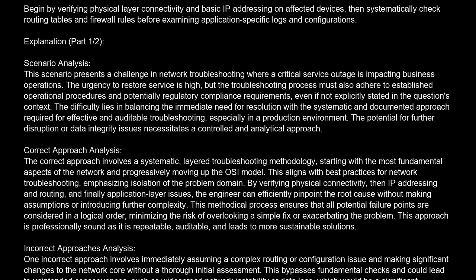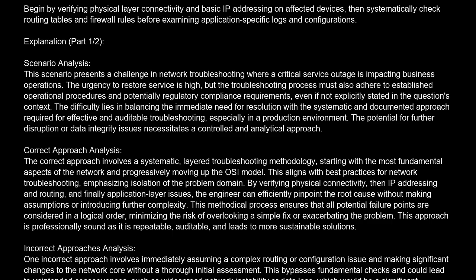By verifying physical connectivity, then IP addressing and routing, and finally application layer issues, the engineer can efficiently pinpoint the root cause without making assumptions or introducing further complexity. This methodical process ensures that all potential failure points are considered in a logical order, minimizing the risk of overlooking a simple fix or exacerbating the problem. This approach is professionally sound as it is repeatable, auditable, and leads to more sustainable solutions.